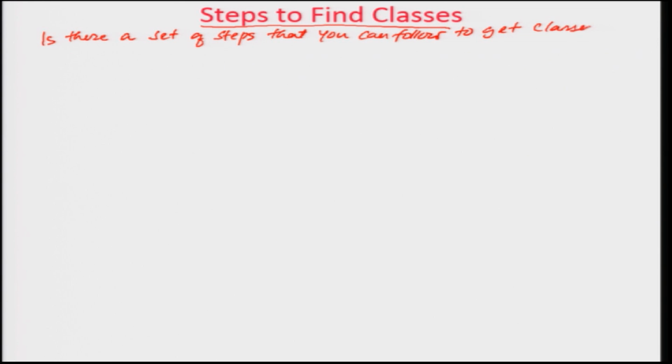Since I gave you guidelines, are there some steps available to find classes? Can we find a set of steps that you can follow to get classes that fulfill the majority of the guidelines?